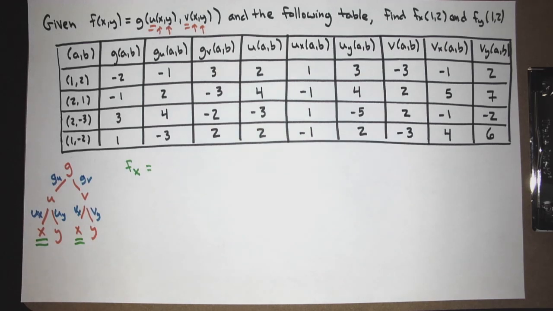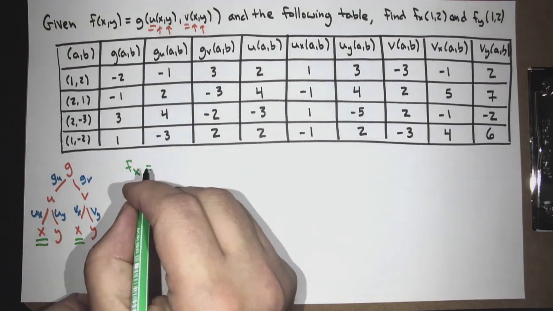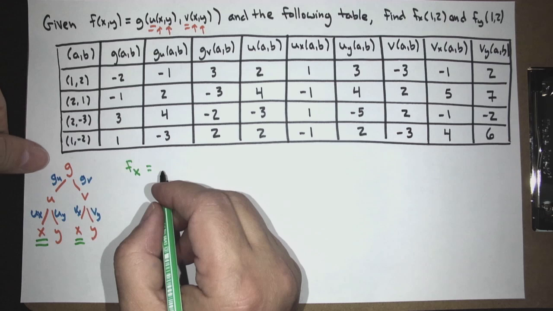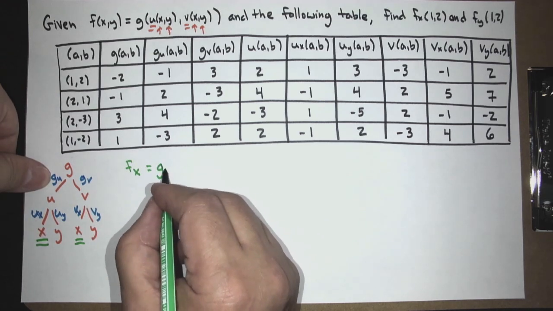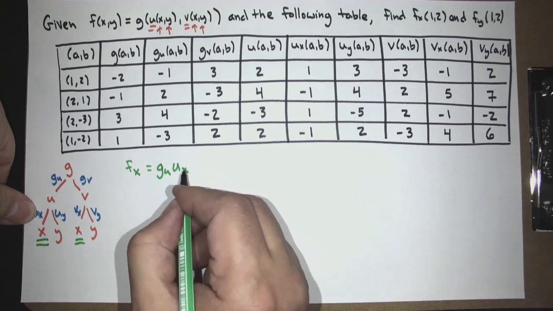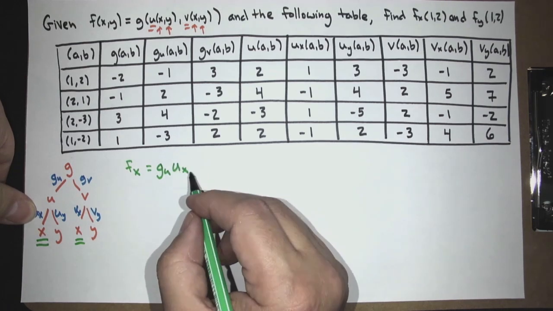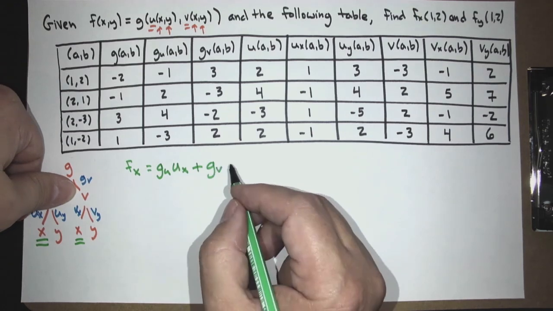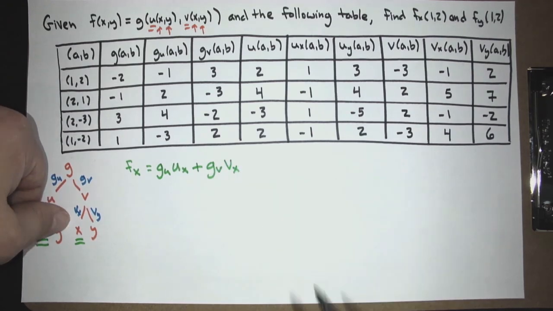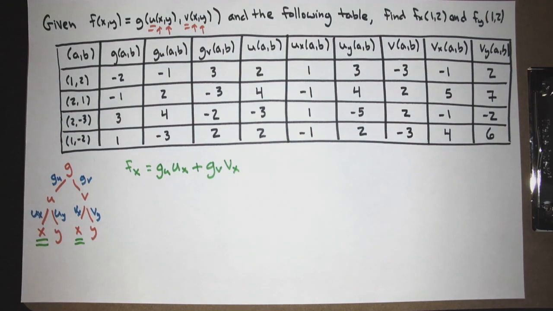According to the chain rule, what will f sub x look like generically? Well, work your way down. g sub u, u sub x. Derivative of g with respect to u, derivative of u with respect to x, plus g sub v, v sub x. All right, now we're after f sub x at a very particular point.